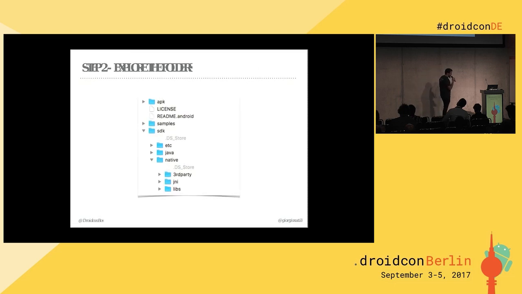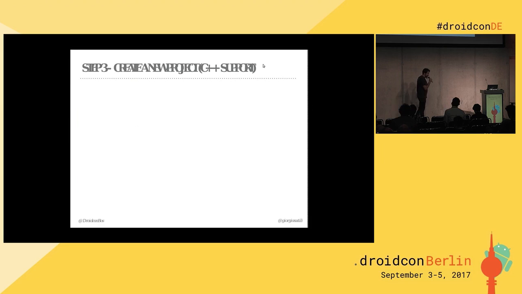Then you take a look at what is inside of it. If you open the SDK folder, you'll see a Java folder and a native folder. The native one is very important because it's where you get all the compiled shared object files, the compiled C++ shared object files. And the Java one is where the Android SDK actually resides.